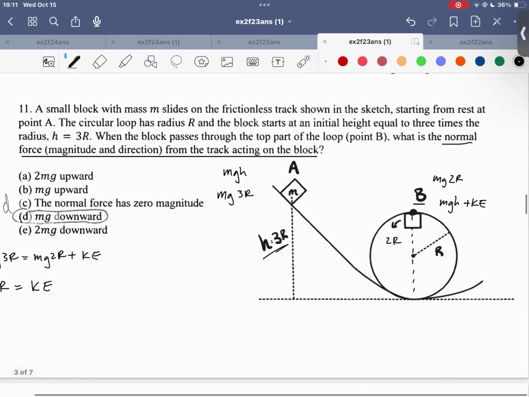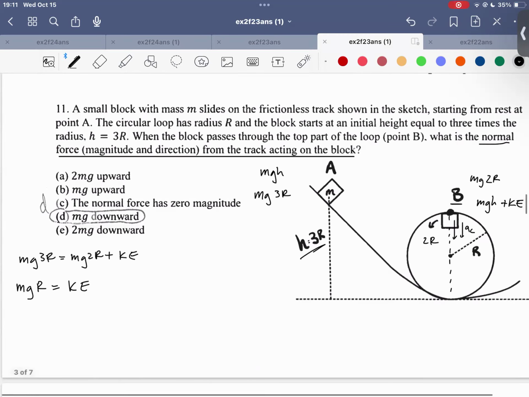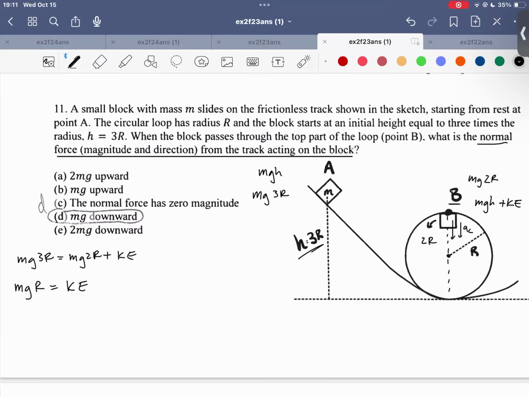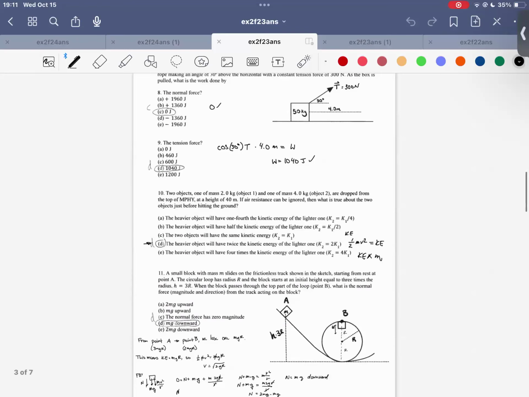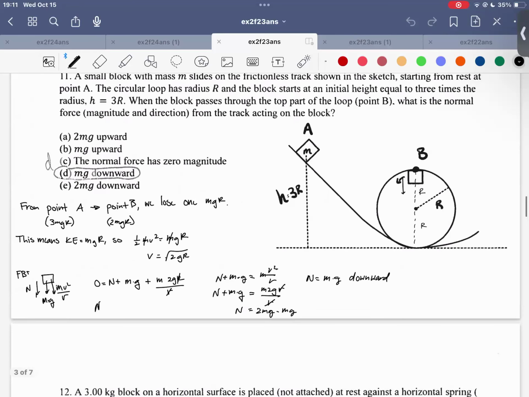And so this normal force here that's acting perpendicular is going to be supplying our centripetal acceleration. And as we noted earlier from other problems, the centripetal acceleration is related to the kinetic energy through velocity, right? So because a_c is equal to v squared over R, we can connect it to our kinetic energy.